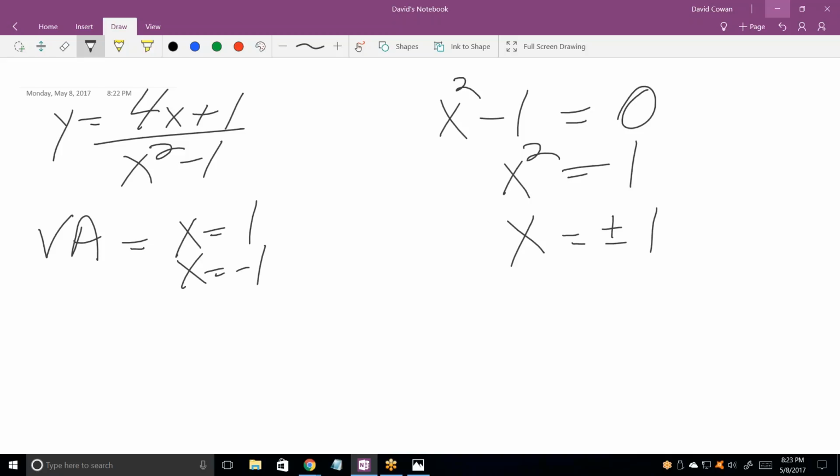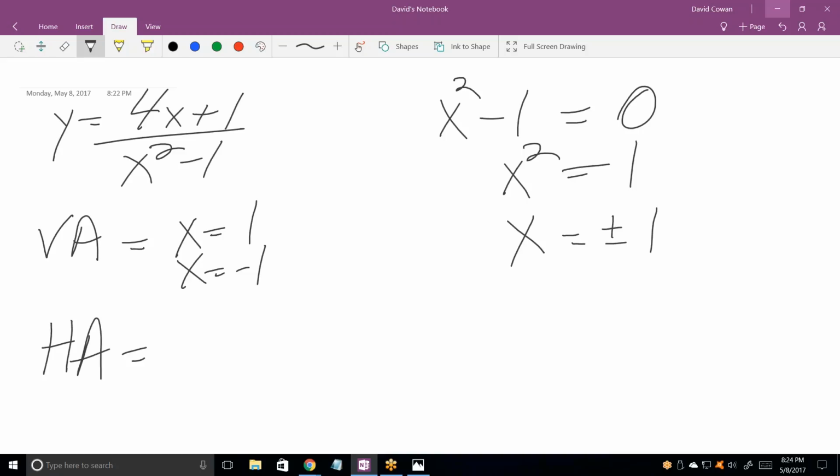Well, that makes a huge difference. How about my horizontal? In other words, the last 2 problems, we didn't have any vertical asymptotes. What are my horizontal asymptotes? Would you set the numerator equal to 0?